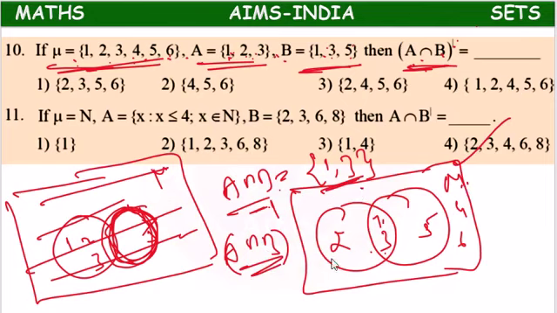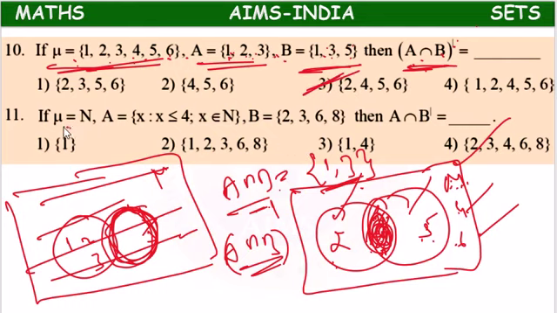They may be in A, they may be in B, but they should not be in the common area. This is the common area. If we exclude this, what are the remaining elements? 2, 5, 4, 6. 2 is present in mu, 5 is present in mu, 4, 6 also, but they are not in the common area. So the answer is {2, 4, 5, 6}. So the third option, {2, 4, 5, 6}, is the correct answer.